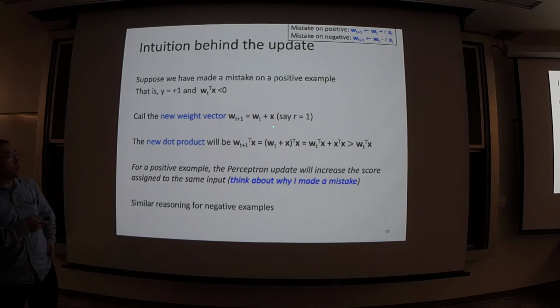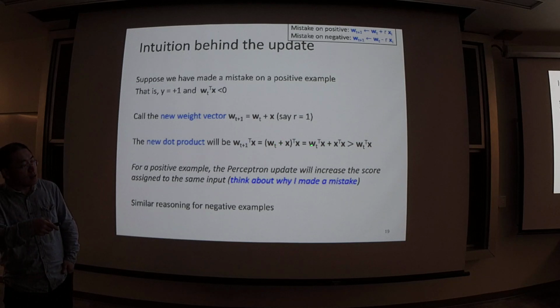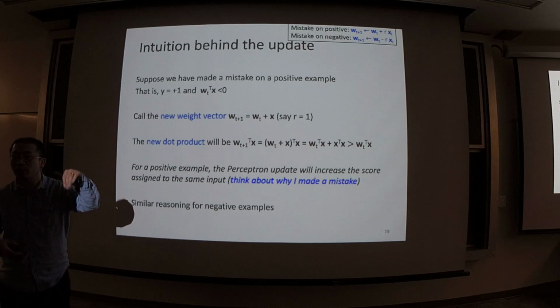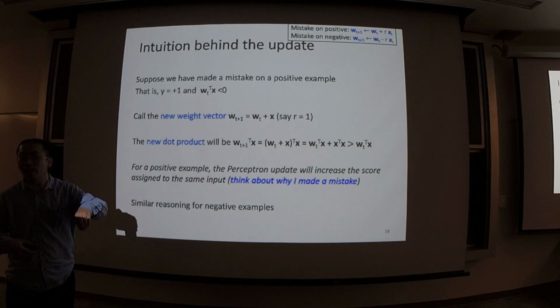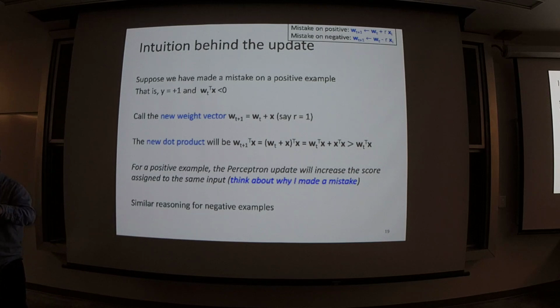Now your update will subtract x from w_t. That means after the update, we switch the positive sign to the negative sign, and you subtract a positive value from the previous classification function value. So you actually decrease the classification function value, and you're also improving your model in the right direction.